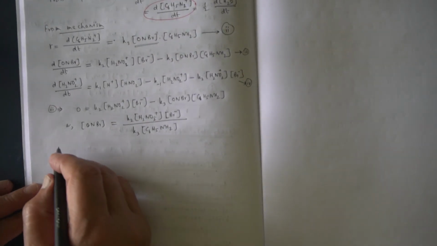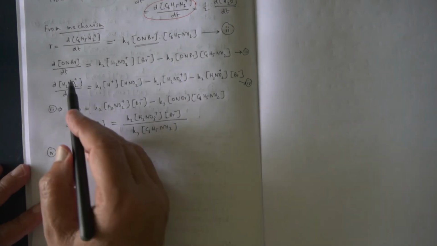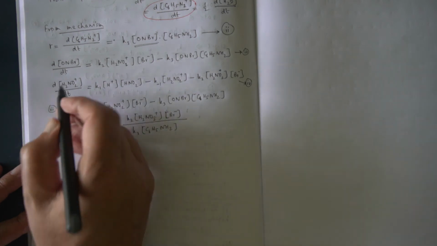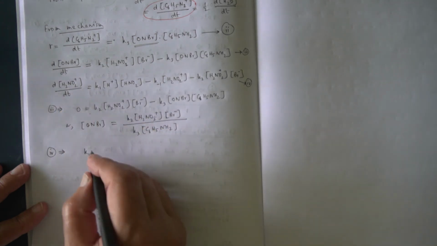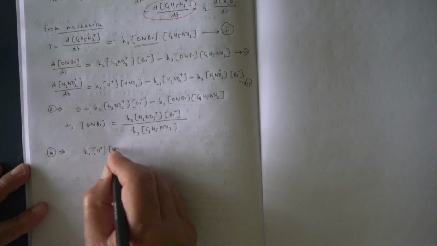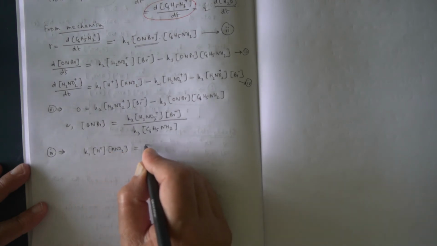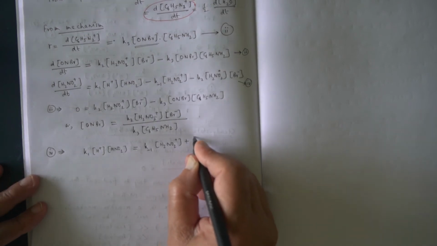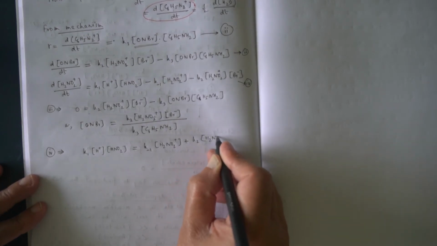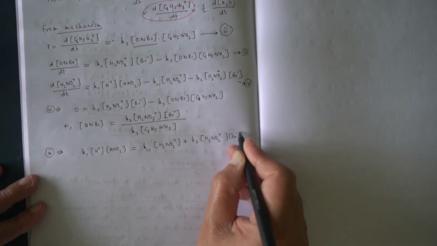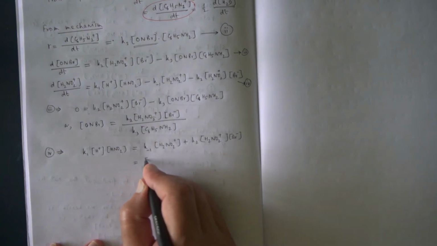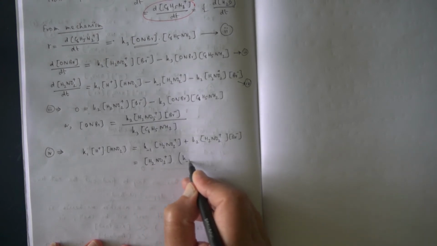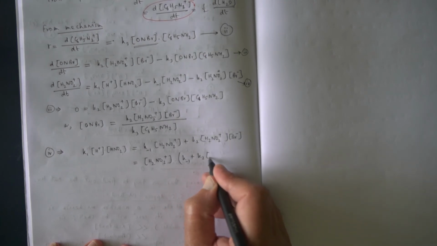So from 4, again d[intermediate]/dt is 0. So K1 [H+][HNO2] equals K−1 [H2NO2+] plus K2 [H2NO2+][Br−]. If I take H2NO2+ common, this will be K−1 plus K2 [Br−].